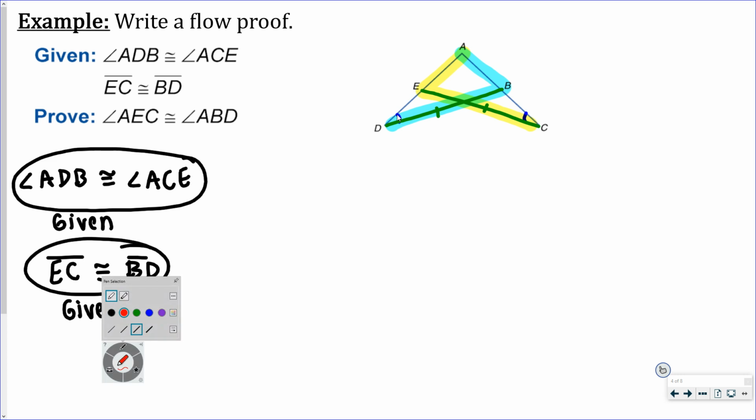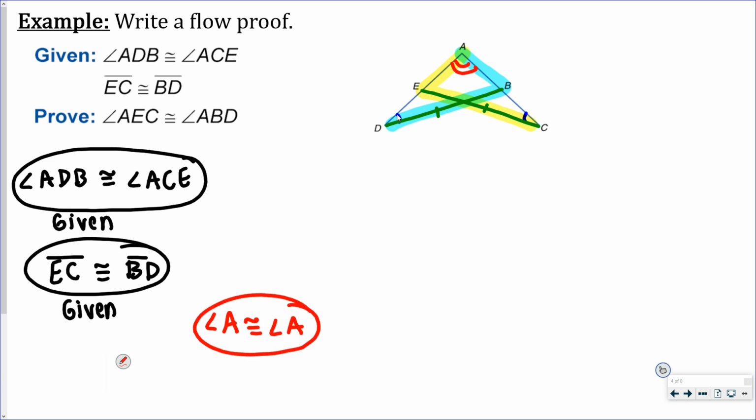This guy right here. So we can say angle A is congruent to itself. We do that with sides, with the reflexive property.